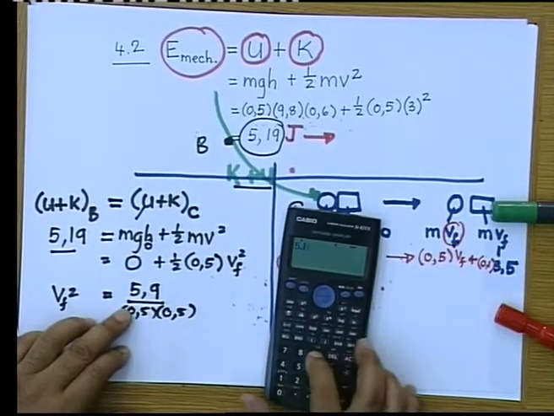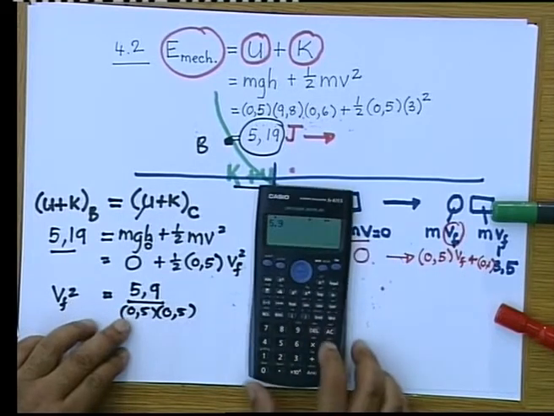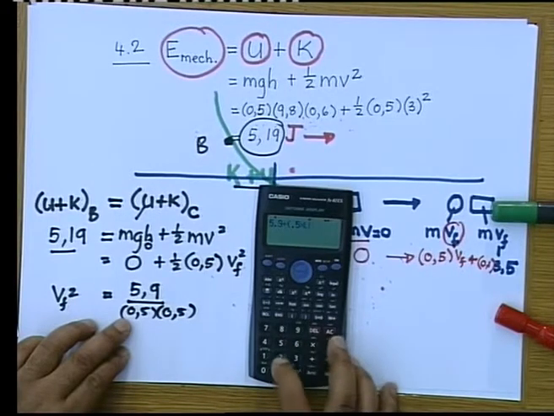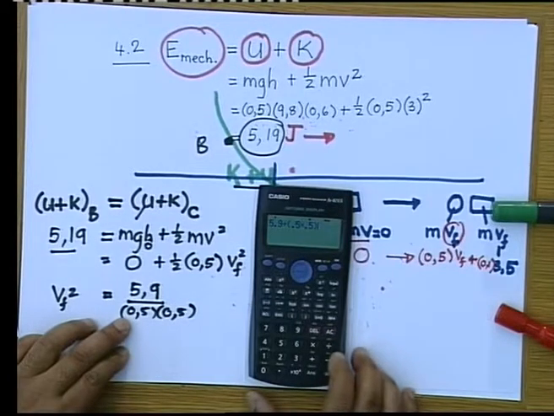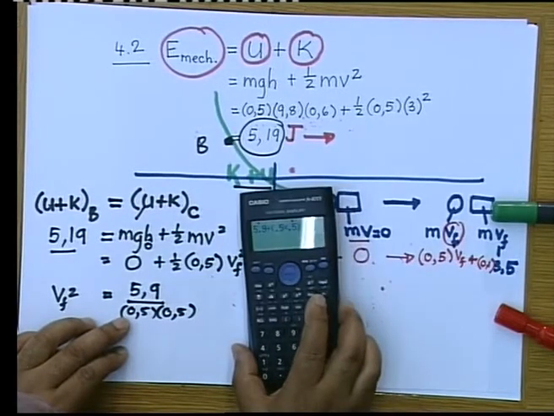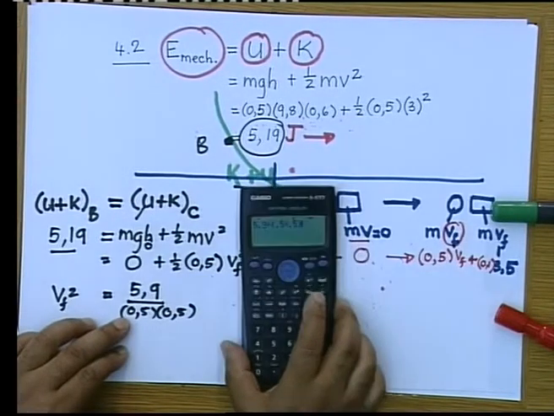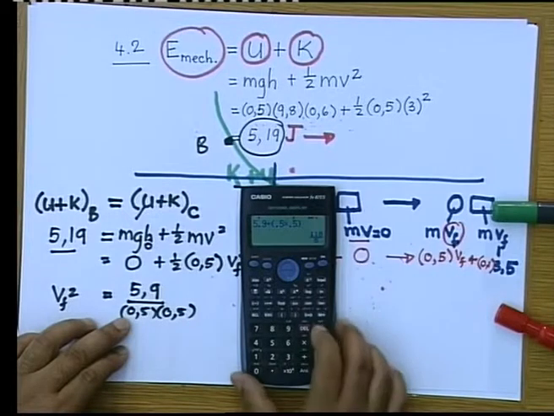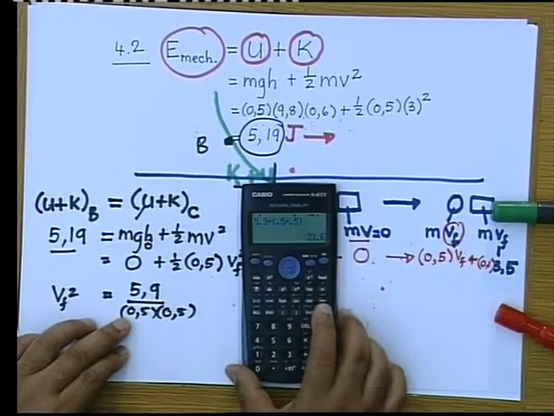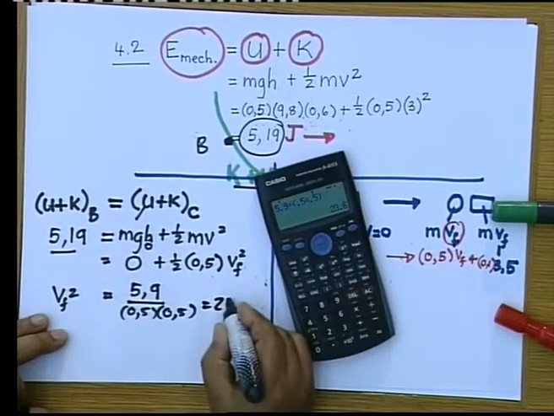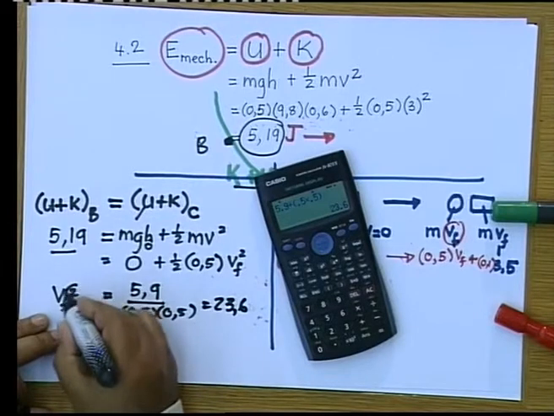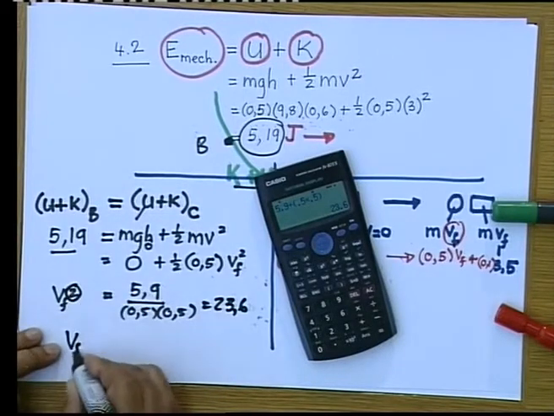So it's 5,19, and I divide it by 0,5 times 0,5, close my bracket. No, I added, oh, and I divided, that's correct. And that's 23,6, but I need to get rid of this square because I want that one.